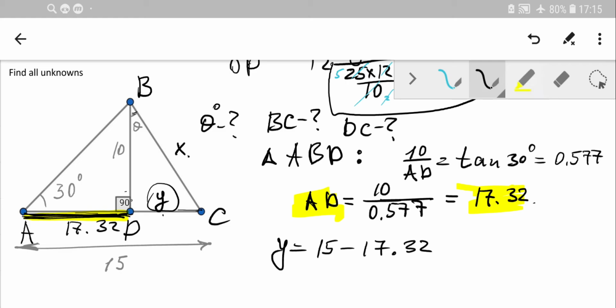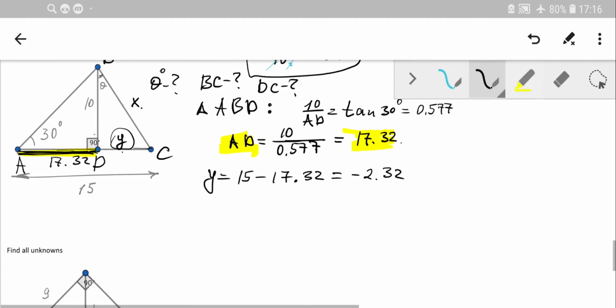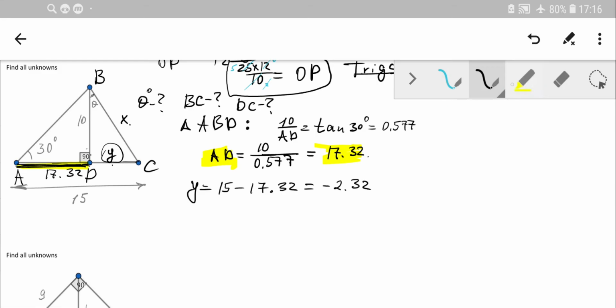It's negative, 2.32. So instead of this picture, BC should go not this way, but this way somehow. I'll try to rewrite it so that you understand if you find out that it's negative. In the real problem it's not the case, but let's speculate.